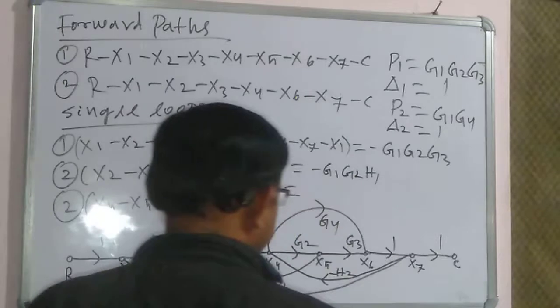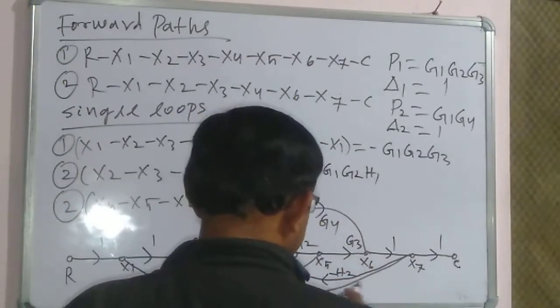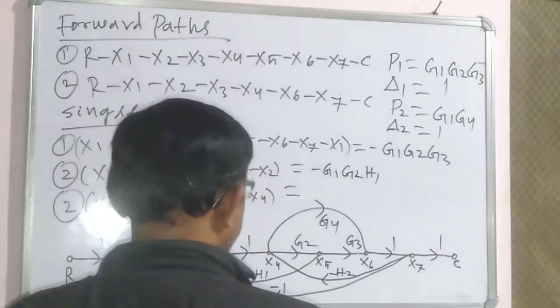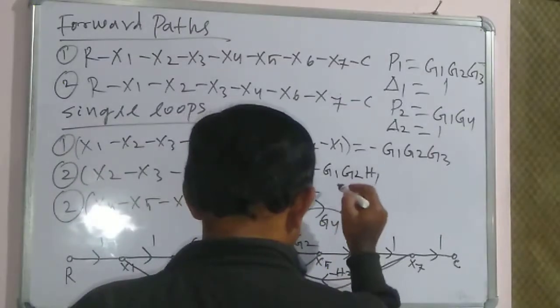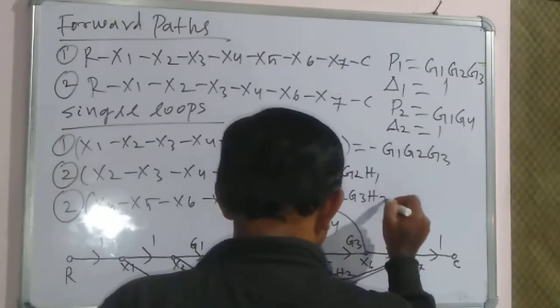The gain is G2, G3 and minus H2, so minus G2 G3 H2.